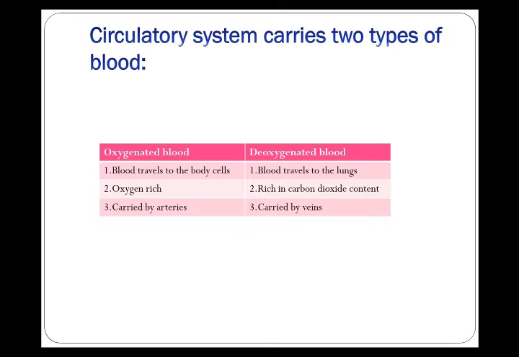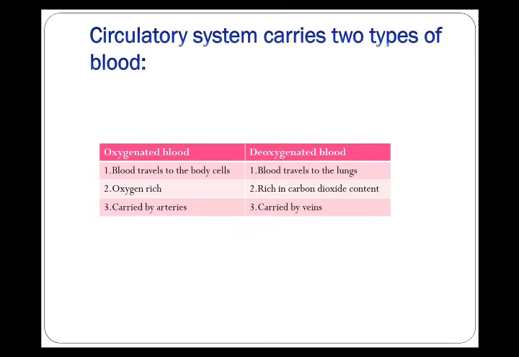As we have already discussed in respiratory system that at alveoli gases exchange occurs in blood. The carbon dioxide moves to the alveoli and oxygen fills to the blood. So the oxygenated blood is the blood that travels from alveoli to the cells so that cells can take and use the oxygen.